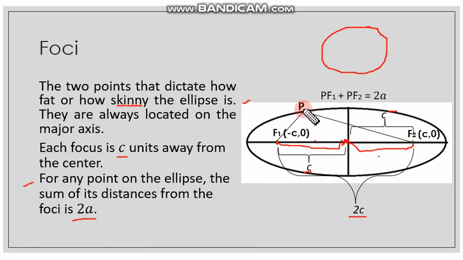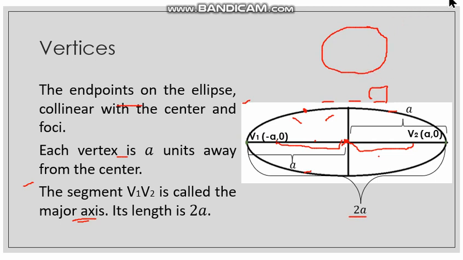So from a point P on the ellipse to F1, you add that to P to F2. So PF sub 1 plus PF sub 2 is equal to 2A. You will learn later what this 2A is.